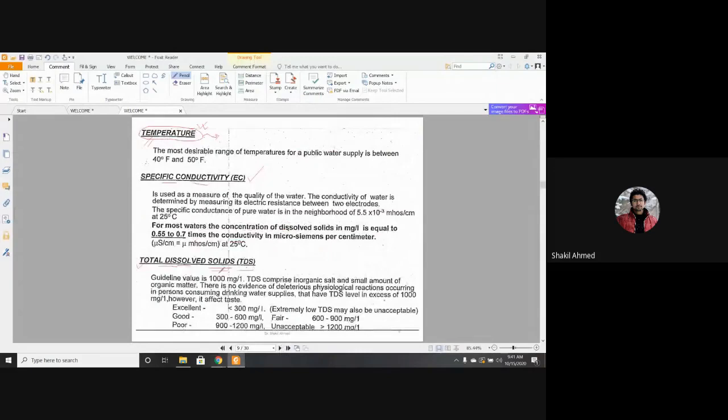So TDS, total dissolved solid. In drinking water, usually this TDS is not greater than 300 milligram per liter. 300 to 600 milligram per liter is good. But when this TDS is around 1000 milligram per liter, you will taste the water as salty.